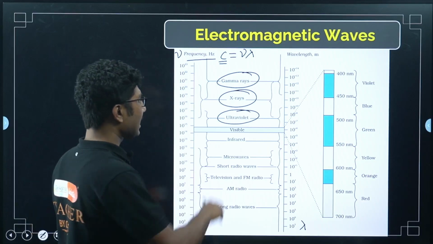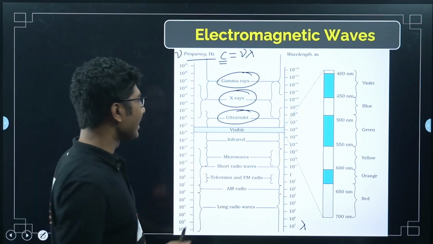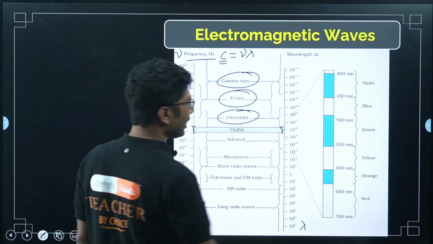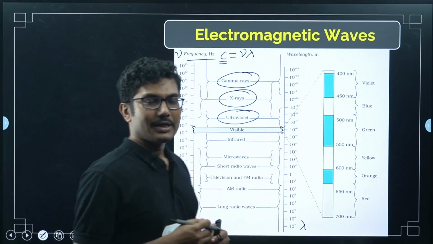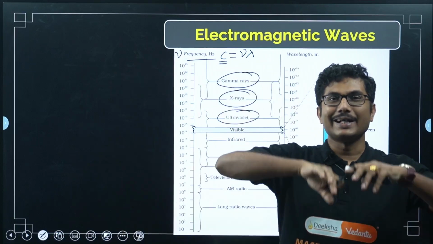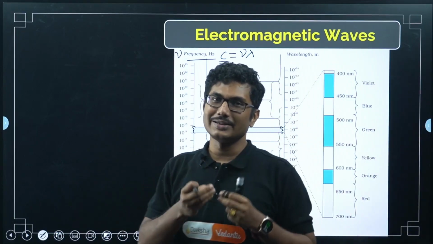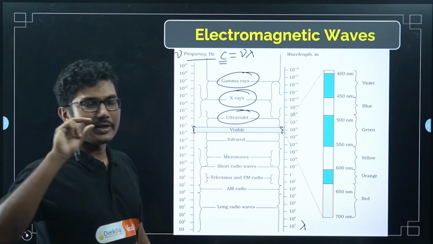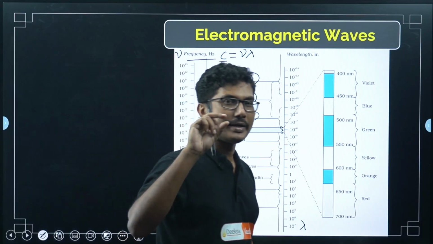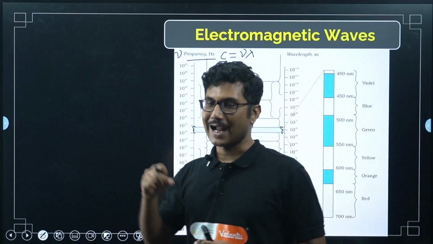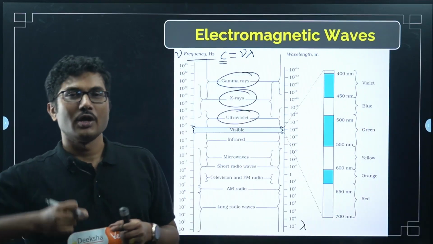Now after ultraviolet we have a very small region that consists of our entire universe. Whatever we can see in our entire universe lies only in this very small region of the electromagnetic spectrum. When an electron moves at very high speed, accelerating, it produces wavelengths.